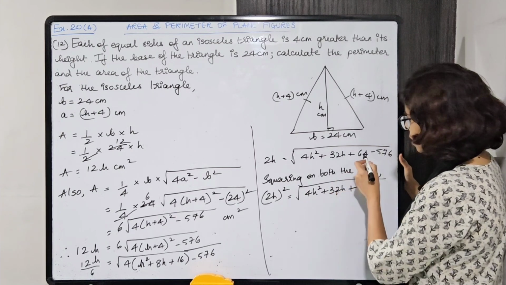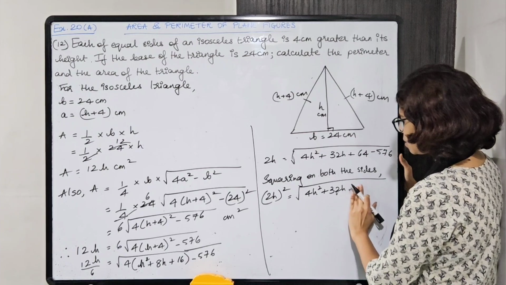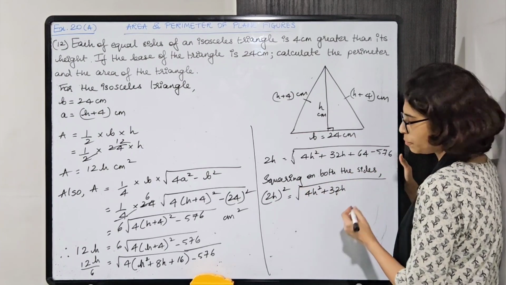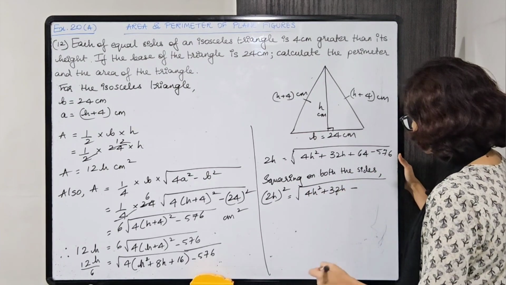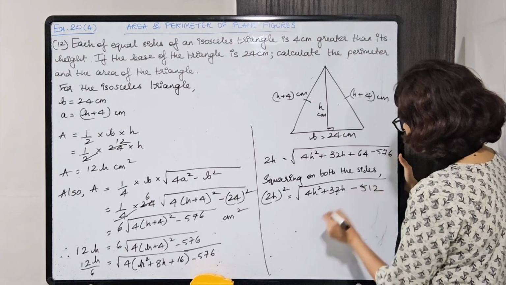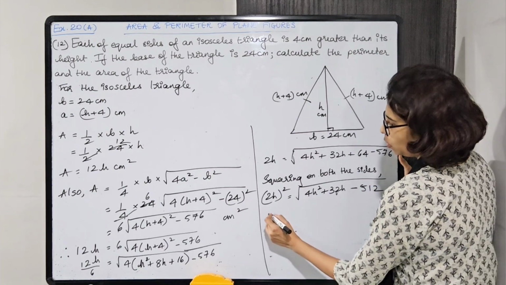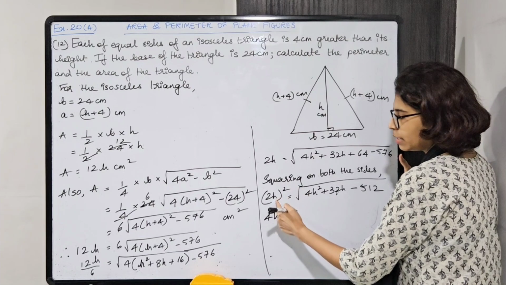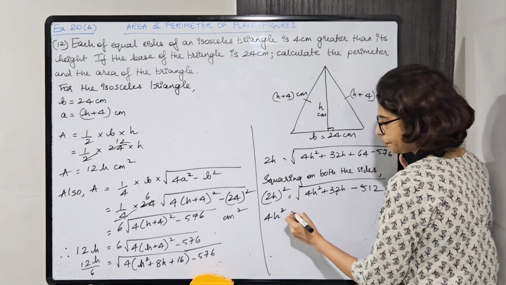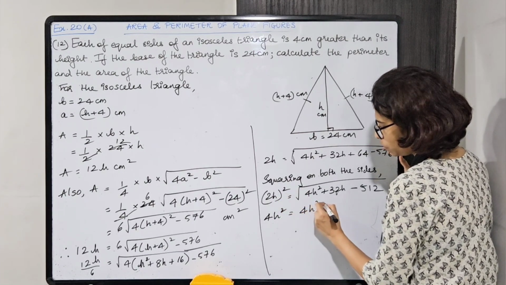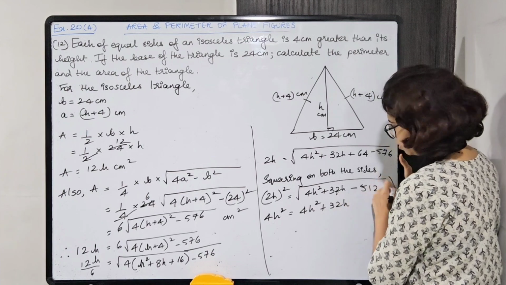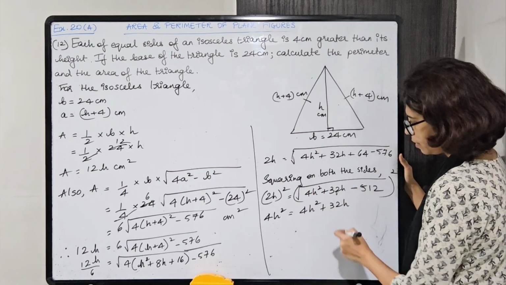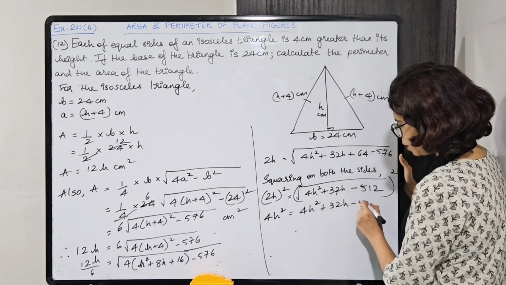Okay, 64 minus 576, 576 में से 64 सब्ट्रैक्ट करो, नेगेटिव आंसर मिलेगा. So that will give 512. Now this will be 4h square, 2 का भी स्क्वायर करेंगे, h का भी स्क्वायर करेंगे, it will be equal to 4h square plus 32h, स्क्वायर हो गया था, minus 512.